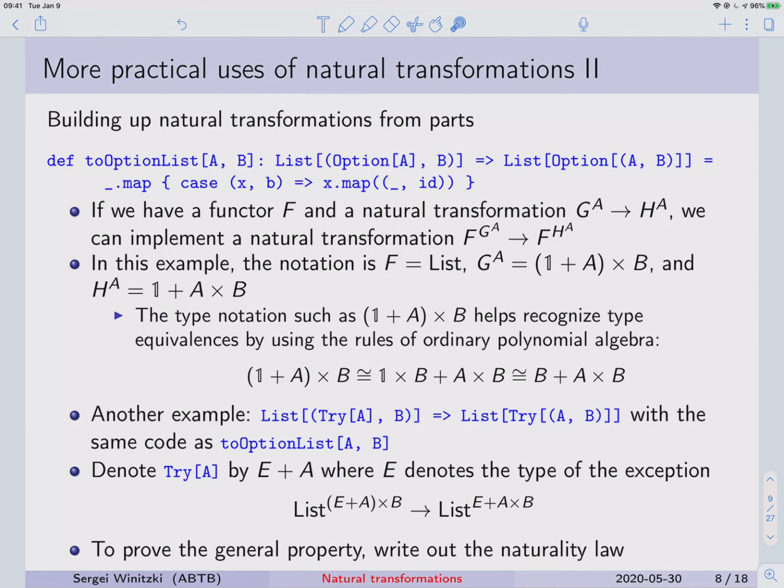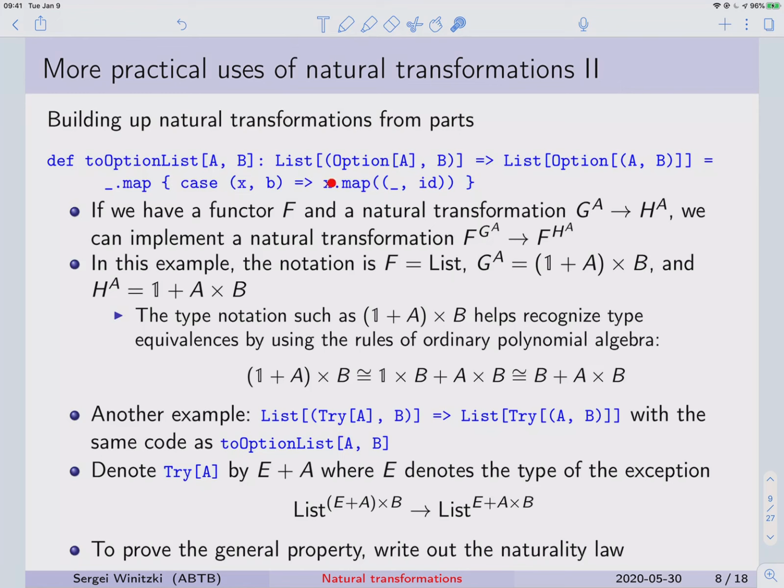Another example is, now you had this previous situation, but now you have a list of those. So you need to transform a list of this pair of option A and B into a list of option of pairs AB. Well, you just do the same as before, except you map over the list.